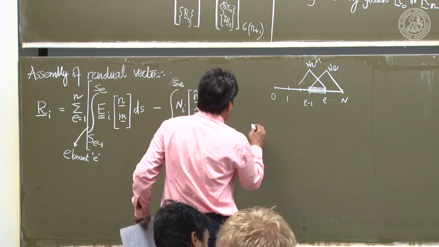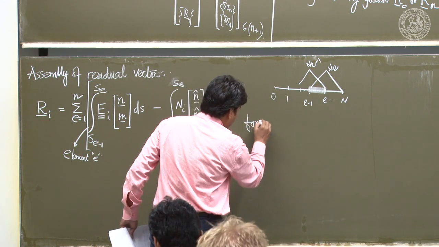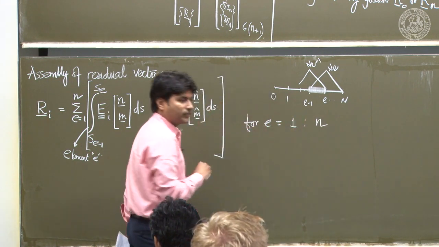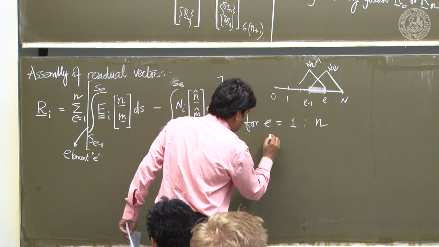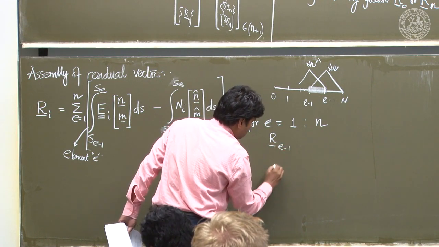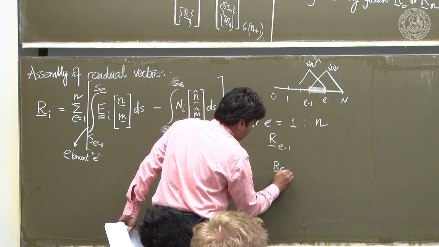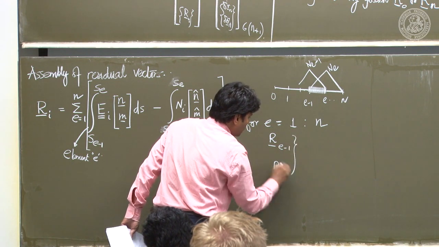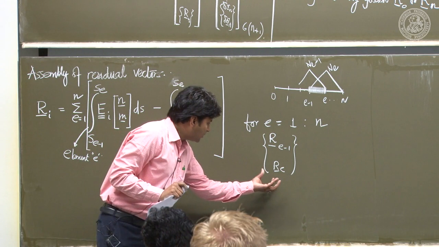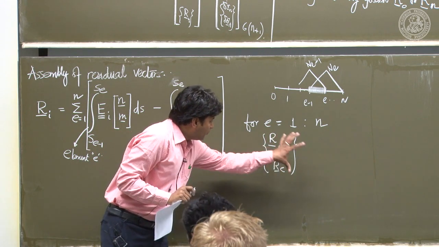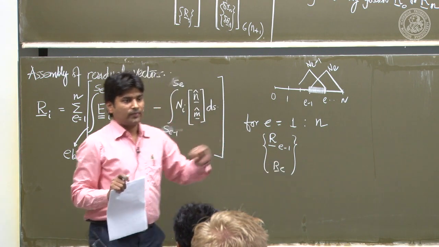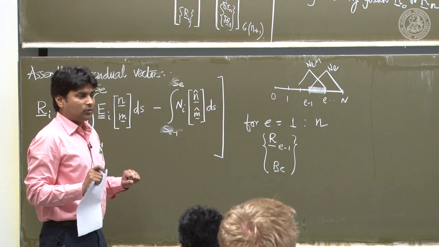So, for example, when you have a loop running for e equals 1 to n and you come inside, then you only evaluate big R e minus 1 and big R e. So, you only evaluate these two, because the contribution due to this element for other subvectors is 0. So, that is how you can assemble.